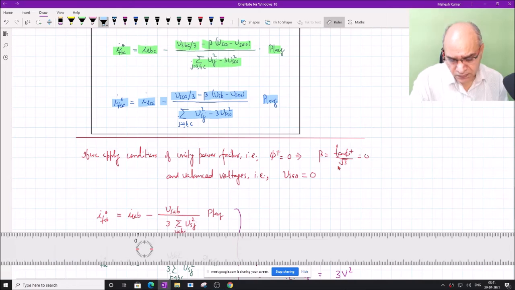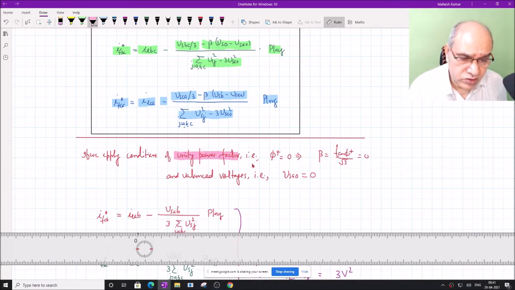Let us make some simplification to understand this, similar to what we have done in the previous case. Let us say we want unity power factor from the source. Therefore, phi plus is equal to 0. And therefore, beta, which is tan phi plus by root 3, is also equal to 0. Therefore, beta is equal to 0.